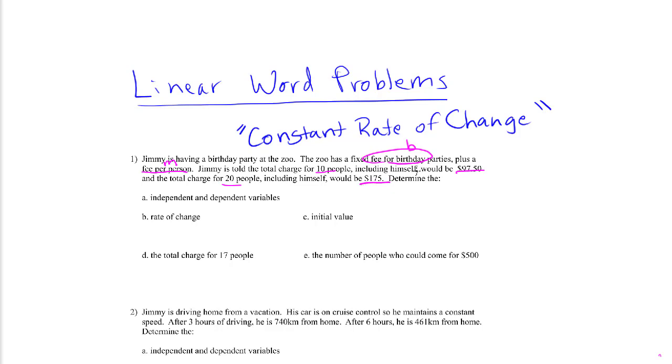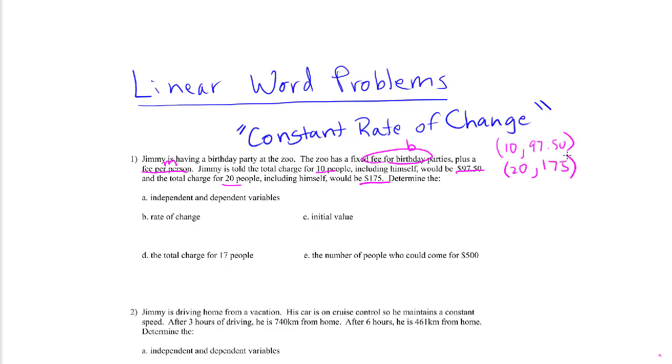Note in this case, we are not given the y-intercept directly. We're not given an initial value at 0 people. We need to determine that. And we can figure that out because, like we saw before, we have 2 points. I have the point 10, comma, 97.50, and the point 20, comma, 175.